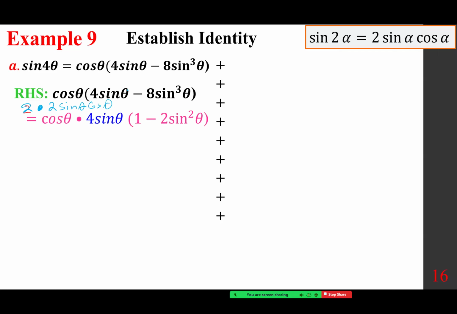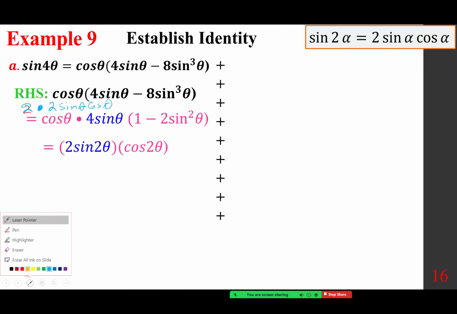So 2 sine 2 theta. And this you should know it's cosine 2 theta. Therefore, we have 2 sine 2 theta, cosine 2 theta.